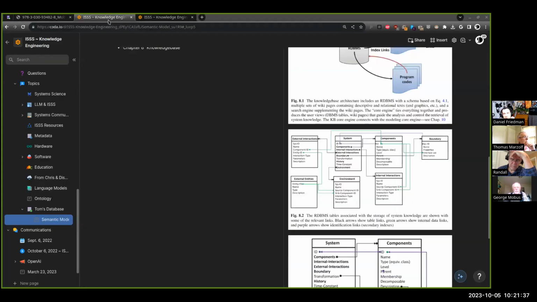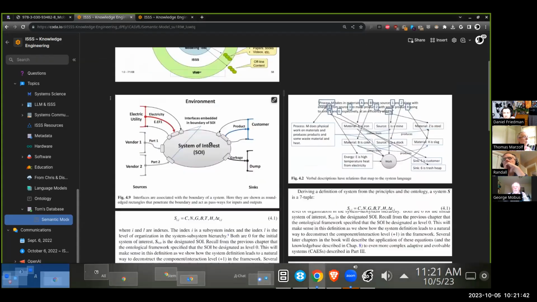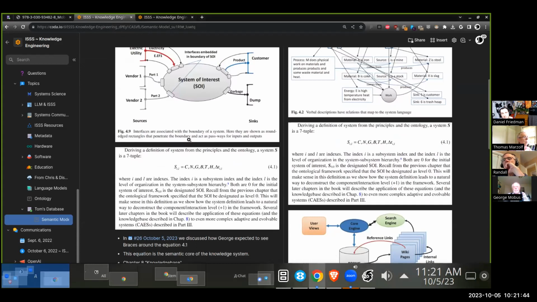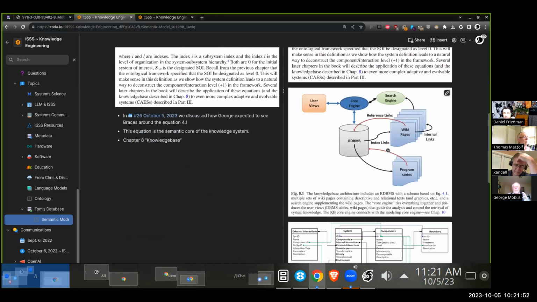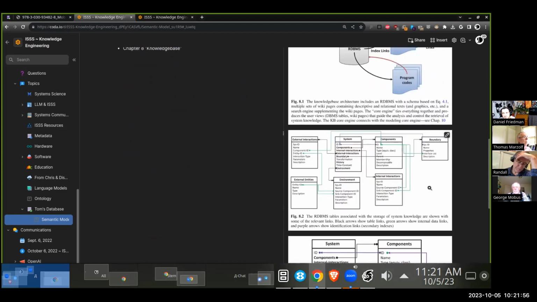What tuple are you speaking of? Okay, so we have equation 4.1 as the category or set theoretic analytical representation of systems. Right. Chapter 8 is more like a computer science schema. Right. That there's an isomorphism between them. Right.